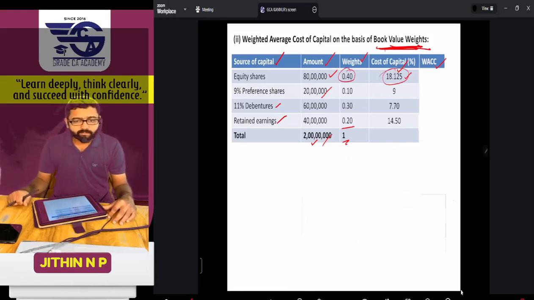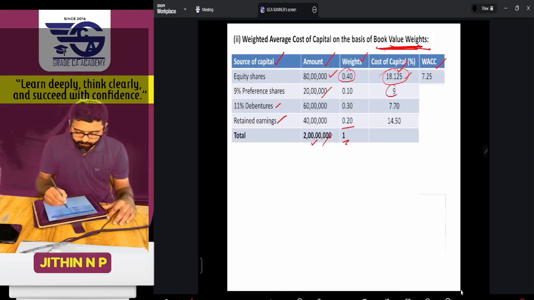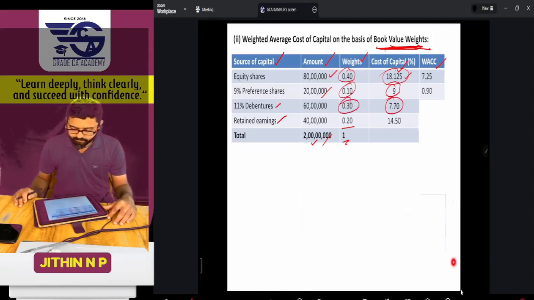Calculate. 18.125 into 0.4 is 7.25. 9 into 0.1 is 0.9. 7.7 into 0.3 is 2.31. 14.5 into 0.2.